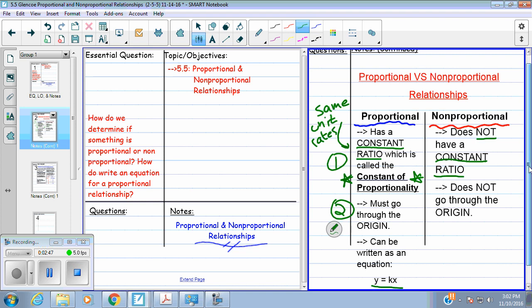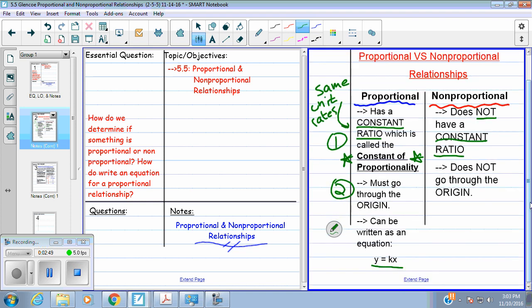If it is proportional, one more time there, I'm going to scroll down a little bit. This k inside of our equation here is the constant of proportionality. Or it's that unit rate that you have found that is consistent with all the ordered pairs in the problem.